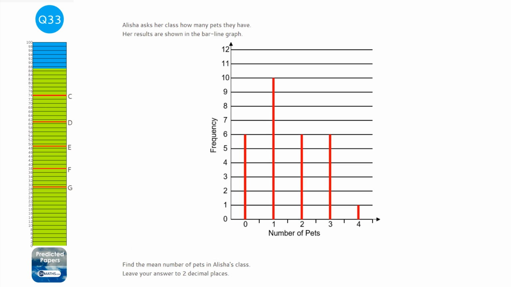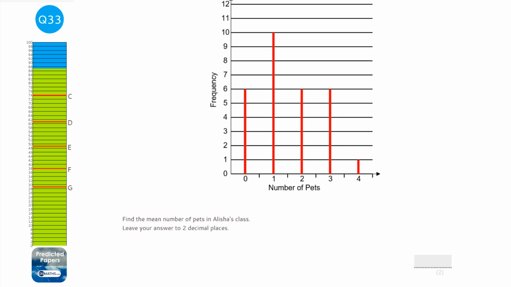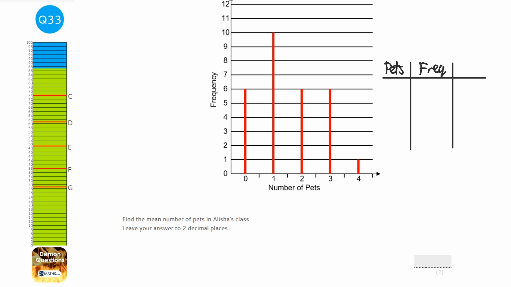This is quite an unusual question because it's asking us to find the mean from a bar line graph. Now, what I would do is I'd first of all just start drawing a table for this information because I'm used to finding the mean from a table, so that's what I'm going to do. And so we've got pets, we've got the frequency, and we'll worry about the last column in a second.